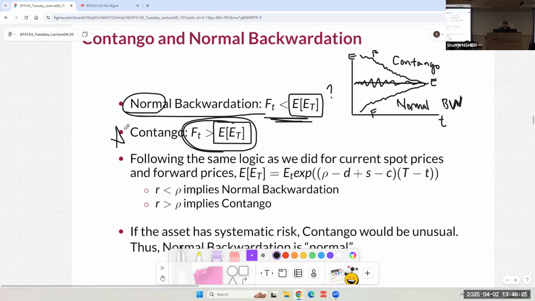But of course, if you look at specific underlying assets such as commodities, then this is actually normal. So this is normal for commodities, though, because cost of carry is very large, right?